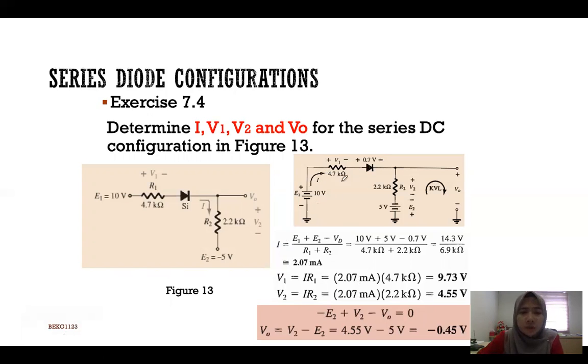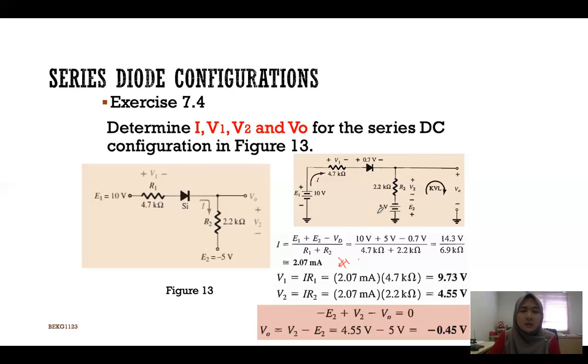To calculate the current, you can do KVL, and you will get the answer 2.07 milliamp. I want you to do the KVL by yourself. You should get the current 2.07 milliamp because you're already familiar with KVL before this.